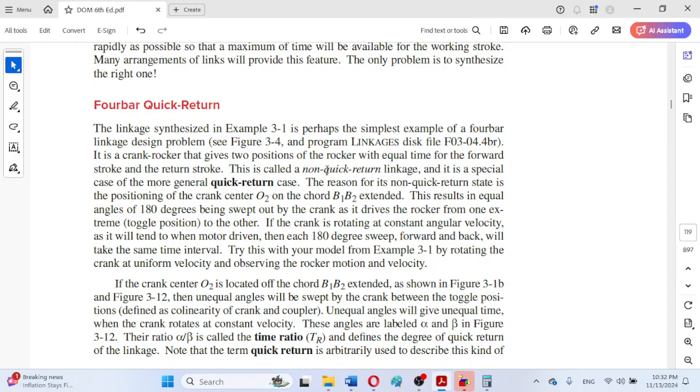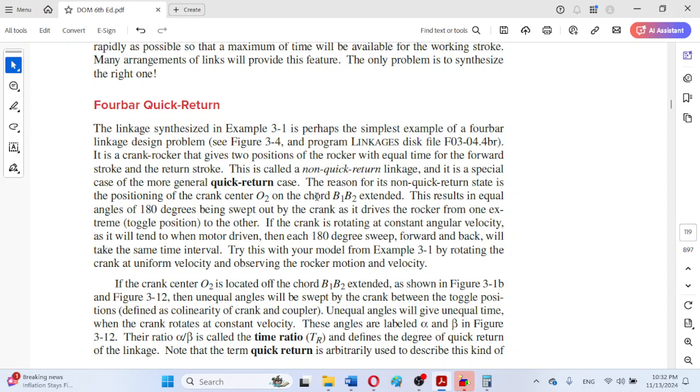So this is called the non-quick return linkage, and it is a special case of the more general quick return case. That means the quick return mechanism is the general case, and non-quick return is the special case for which the throw is equally traversed between the two extremes in the forward and in the reverse stroke.